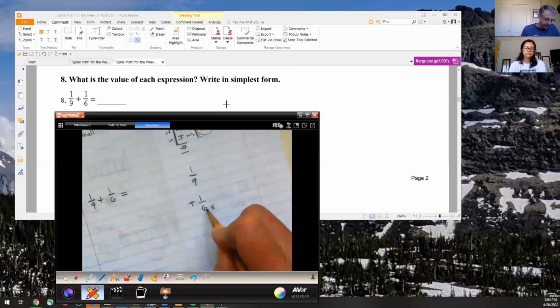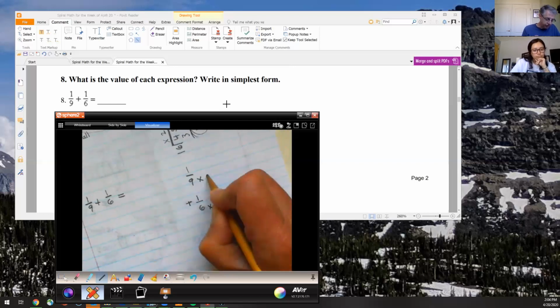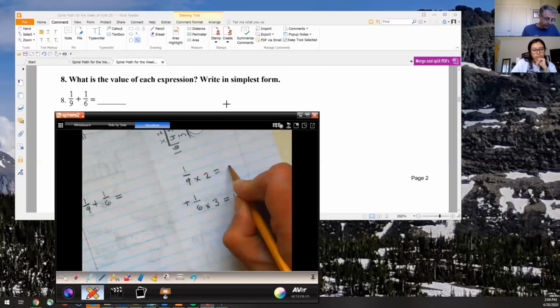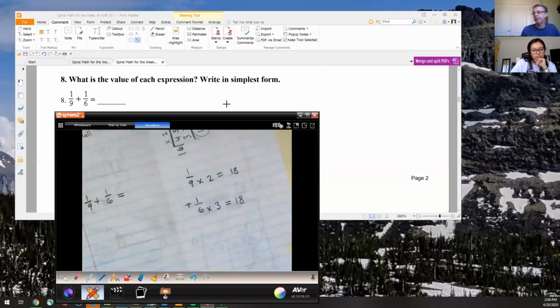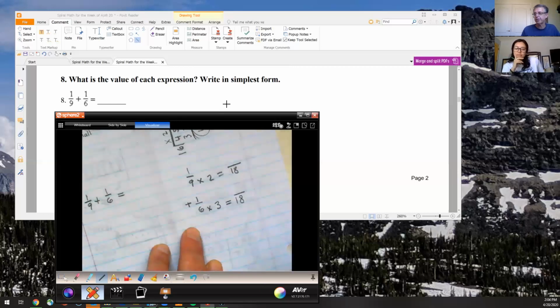I can multiply 6 times 3 and get 18, and I can multiply 9 times 2 and also equal 18. So now I have the least common multiple of 9 and 6, and that's also going to be my least common denominator for both these fractions.